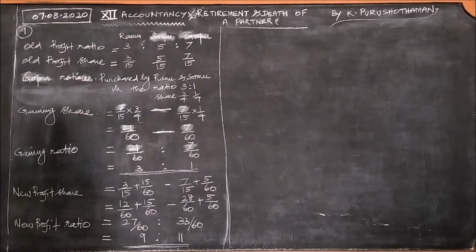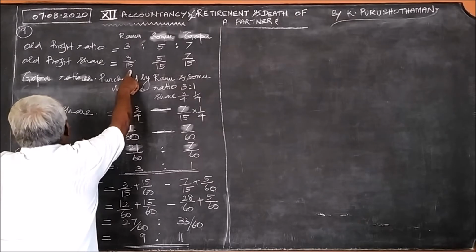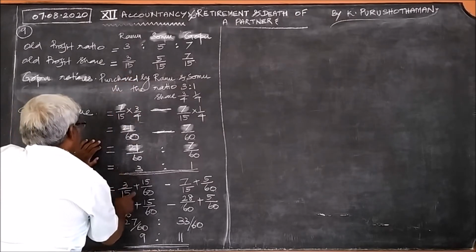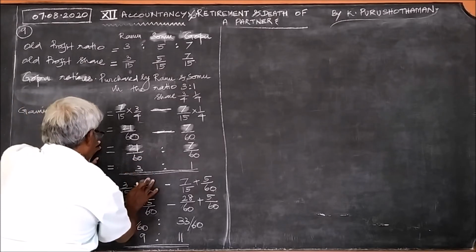Now finding the new profit ratio. Old profit plus gain will give the new ratio.